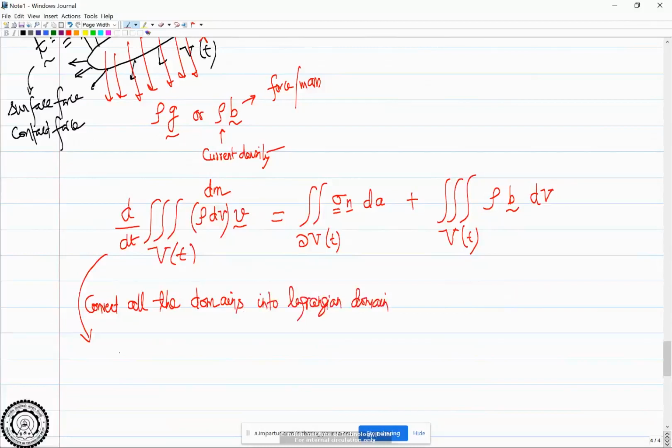So on the left hand side you have d dt, and then it becomes integral over V naught, and you have rho.